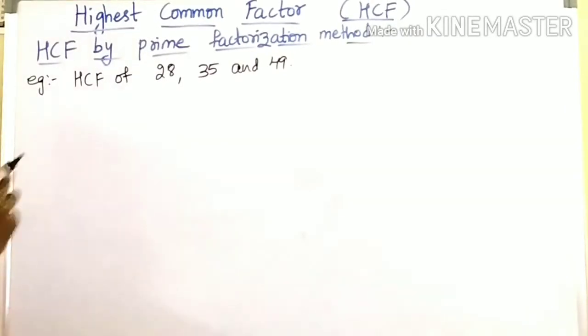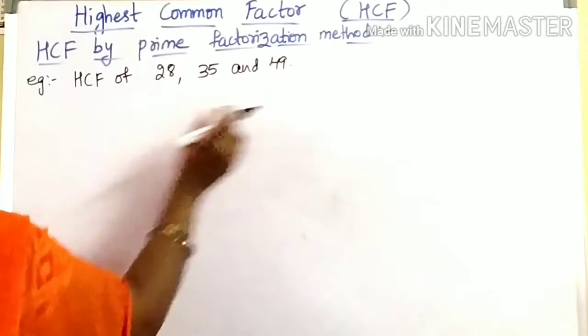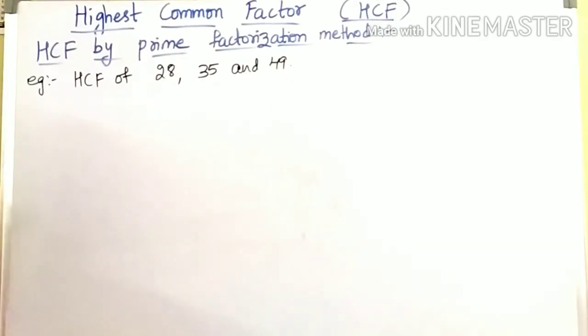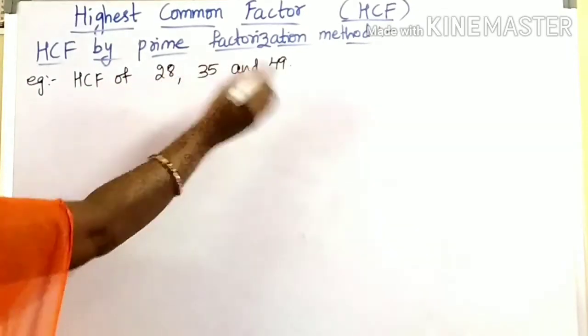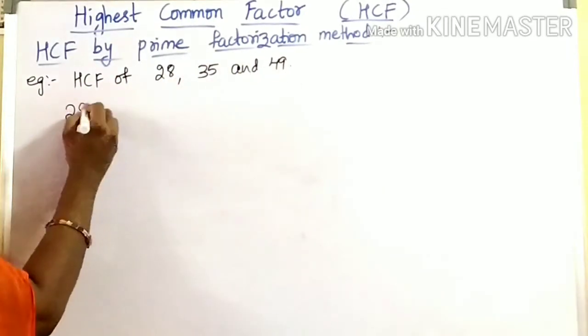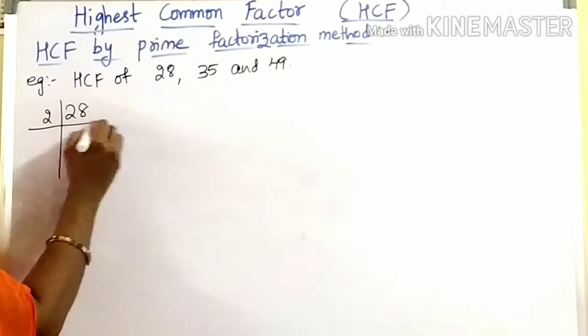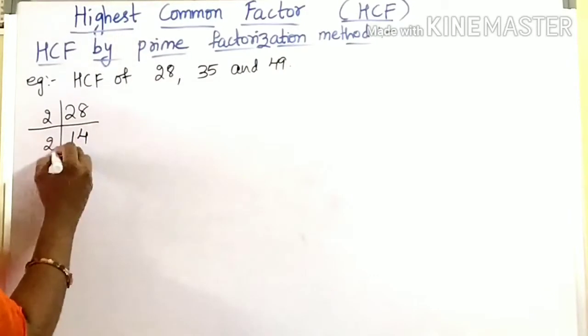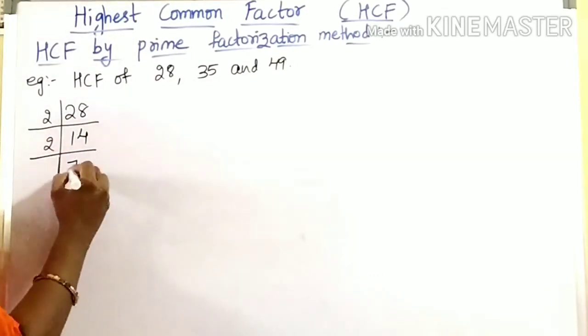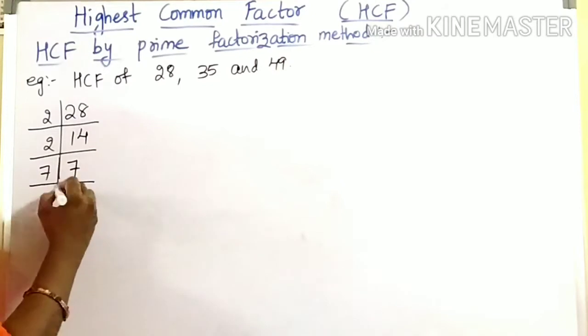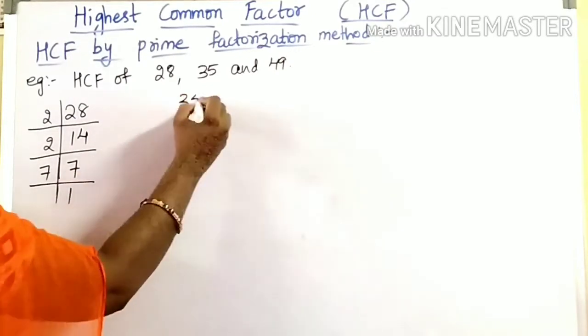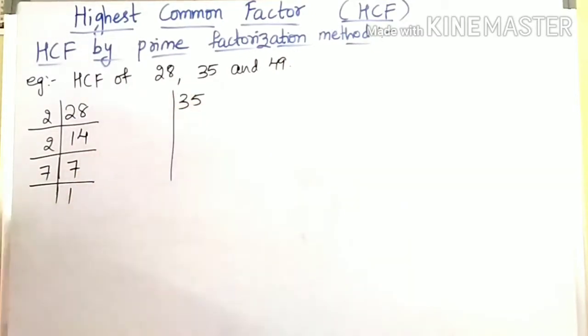Next example, HCF of 28, 35 and 49. First, write each number as a product of its prime factors, because this is the prime factorization method. 28 will go in 2 table, 2 14s are. Again 14 will go in 2 table, 2 7s are. Again 7 1s are. Now 35. 35 will not go in 2 table.